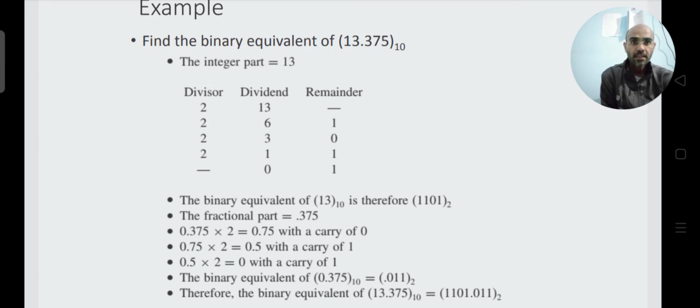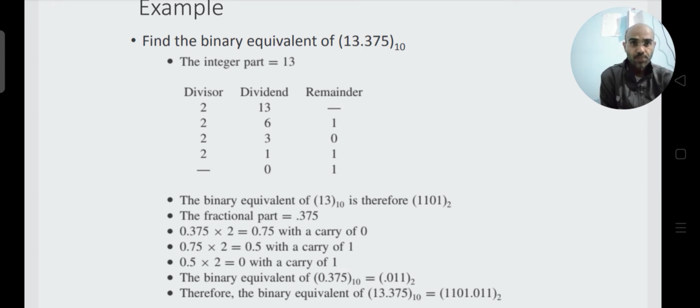Now, as per the procedure we laid down in the last slide, we will divide the decimal number 13, the integral part of the given number, by the base of the number system in which we want the answer.